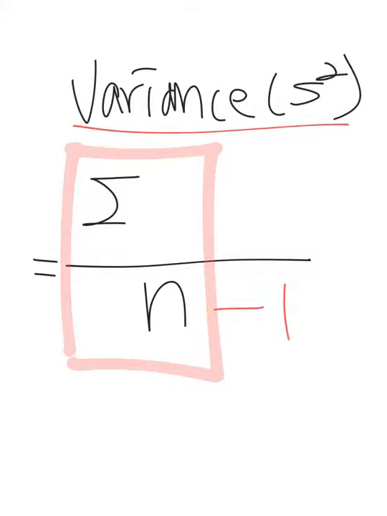Do you know why? Please don't ask me. I will explain to you later. Maybe 2 weeks later. I will explain to you. Just to do it. Minus 1, divided by n minus 1. Don't ask me. I will tell you later. It is very important.